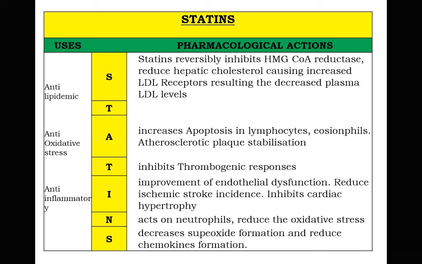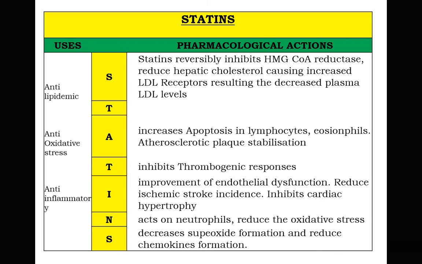T inhibits the thrombogenic responses. Then I, improvement of endothelial dysfunction, reduced ischemic stroke incidence, and inhibition of cardiac hypertrophy. Then N acts on neutrophils, thereby reducing oxidative stress. Oxidative stress is where there are increased free oxygen radical species that disrupt cellular functions and cellular integrity, and cell death will result.